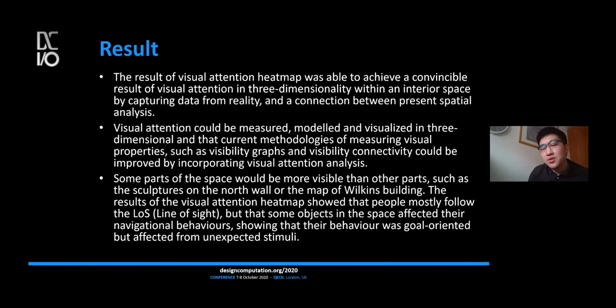The result of the visual attention heat map showed that people mostly follow the lines of sight, but some objects, for example colors in the space, will affect their navigational behavior, showing their behavior was goal-oriented but affected by unexpected stimuli.